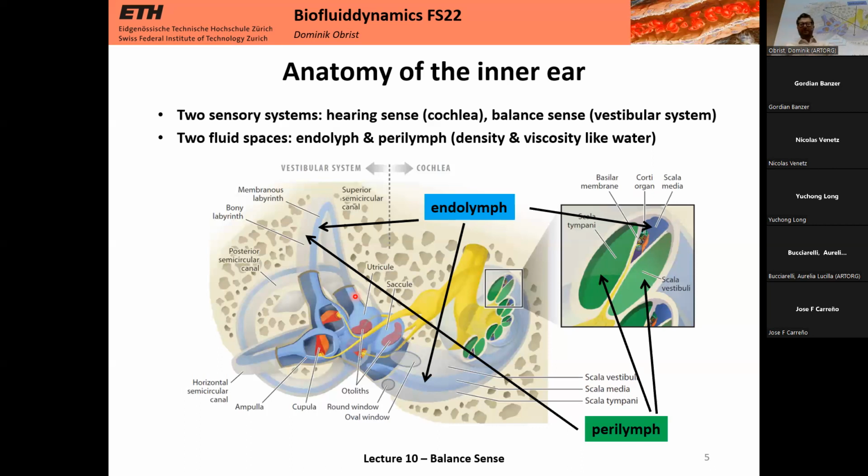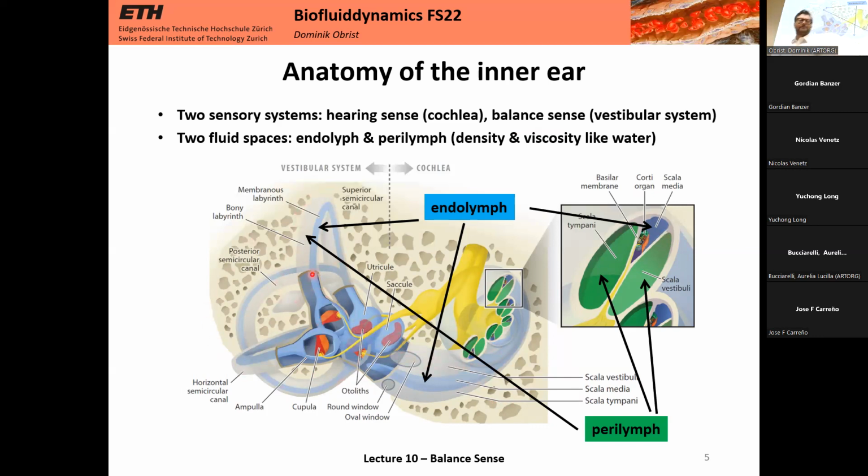We have the perilymphatic and the endolymphatic fluid space that we already had on the right-hand side with the scala vestibuli, scala tympani, scala media, filled with perilymph or endolymph. And we have exactly the same fluid, and there's a direct connection to the other side.